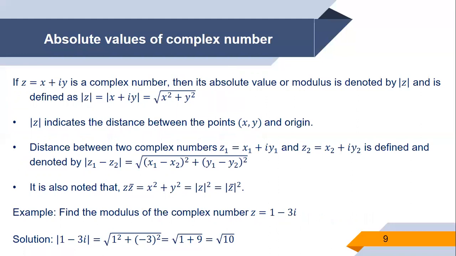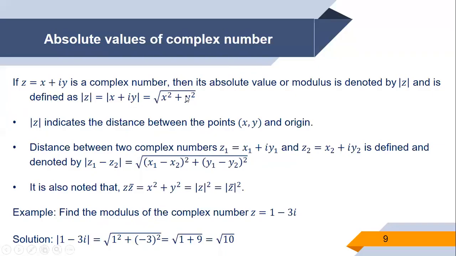Now next, the absolute value of a complex number, or modulus of a complex number. If z is equal to x plus iy is a complex number, then its absolute value or modulus is denoted by mod of z, and it is defined as mod of x plus iy equal to the square root of real part square, that means x square, plus imaginary part square, that means y square.